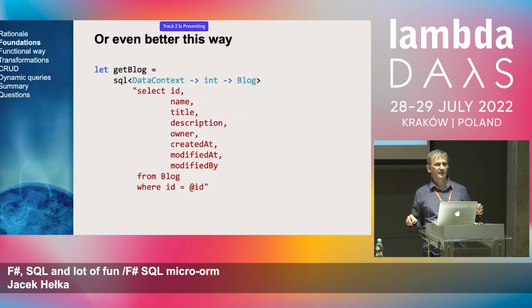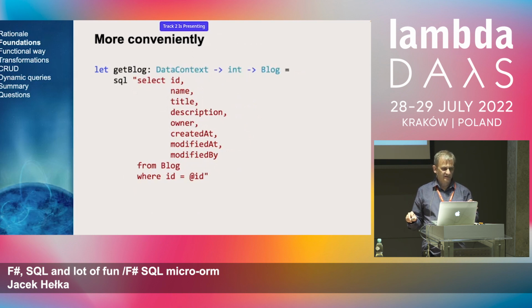In .NET we have excellent tools for code generation. It can be expressed in a more readable way too, because F# type inference allows us to do it this way. It's quite readable, I think.